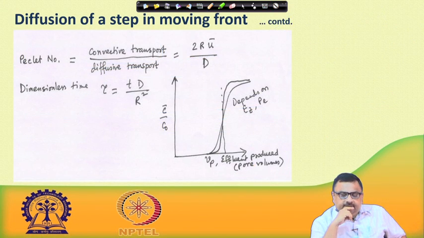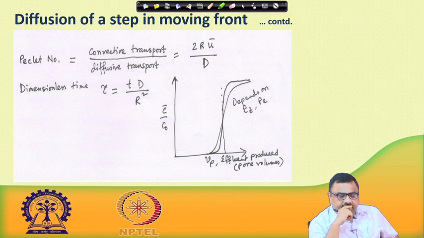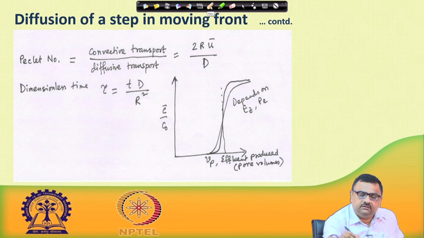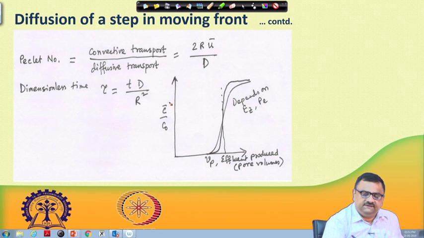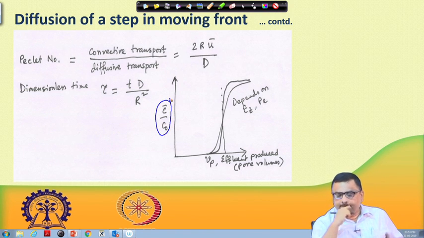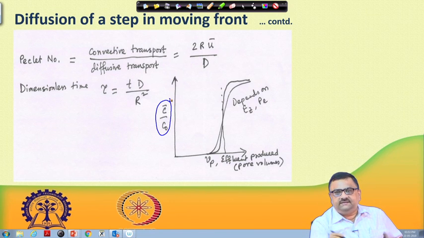Now we can look at, let us say, C bar by C 0. We can plot this C bar by C 0 as a function of, and we have a choice for the x axis, two choices.